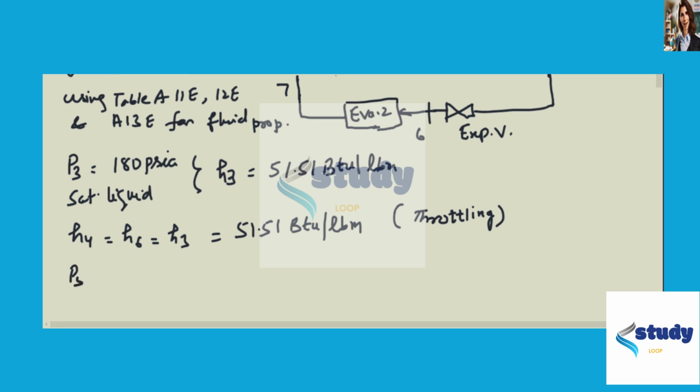At state 5, pressure becomes 30 psi. Fluid is saturated vapor. Enthalpy is 105.34 BTU per pound mass.